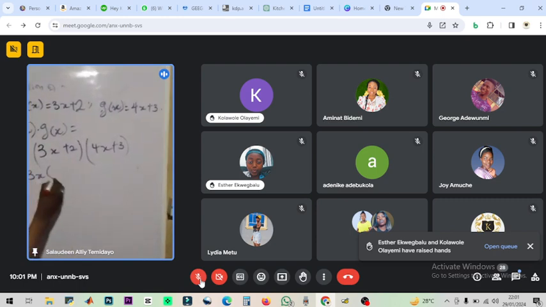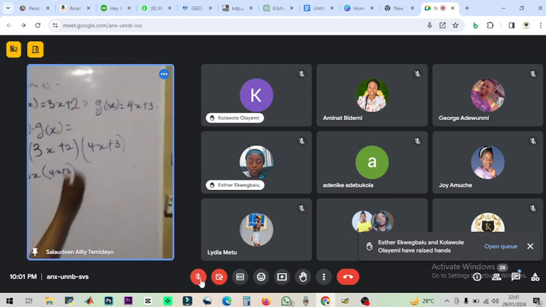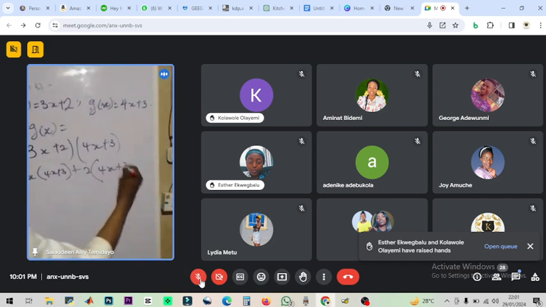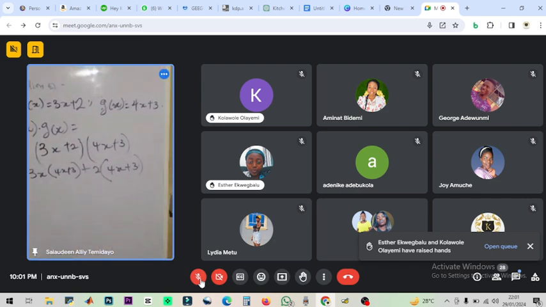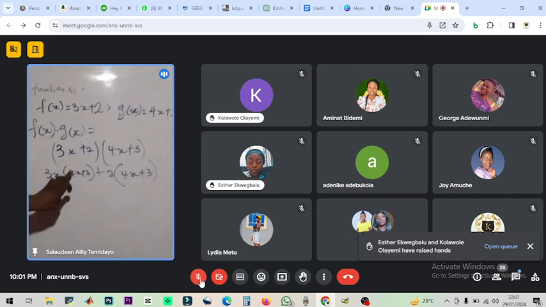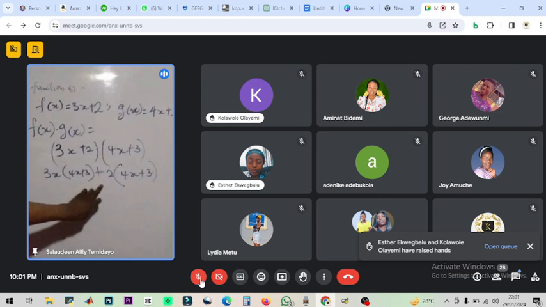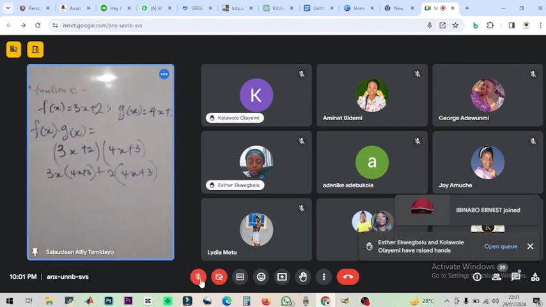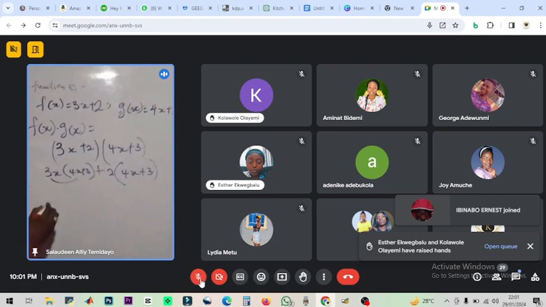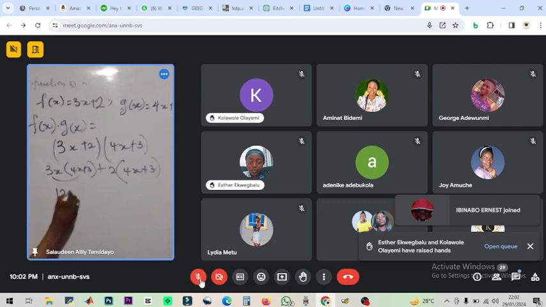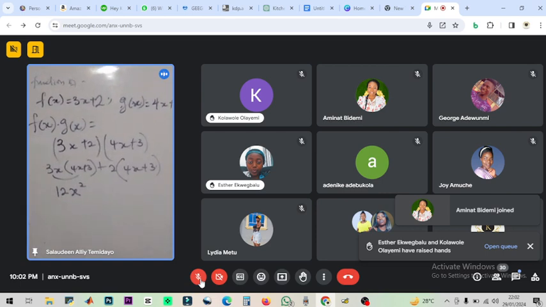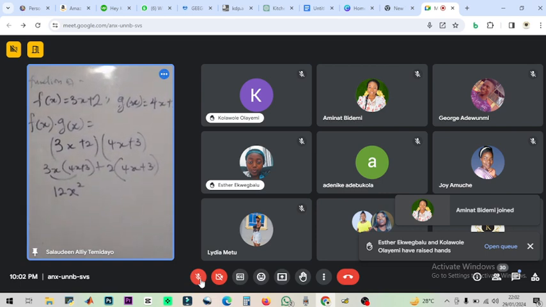That is 3x multiplied by 4x plus 3, plus 2 multiplied by 4x plus 3. So this is 3x times 4x. That is 12x squared, because x times x becomes x squared.